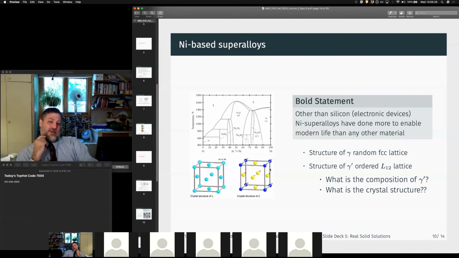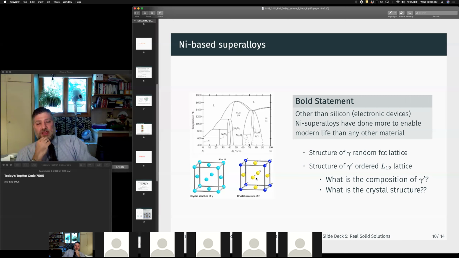It's called a superlattice because we have 2 interpenetrating crystalline lattices. We can think about this in many different ways, for instance as 2 interpenetrating simple cubic lattices as well.